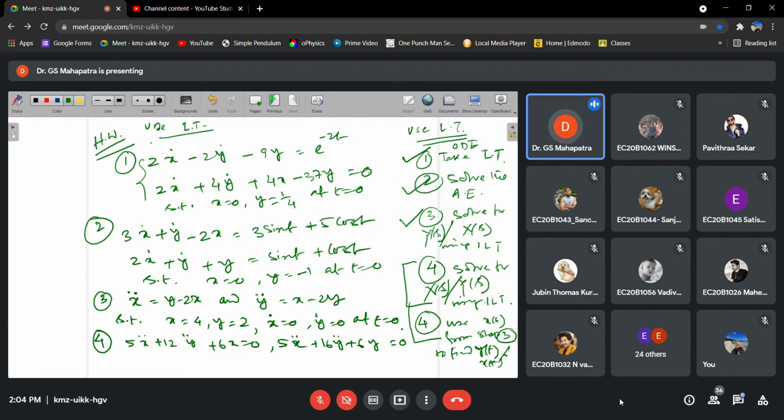Subject to conditions, you need 4 conditions: x equals 7 by 4, y equals 1, x dot equals y dot equals 0 at t equals 0. These are the 4 homework problems.